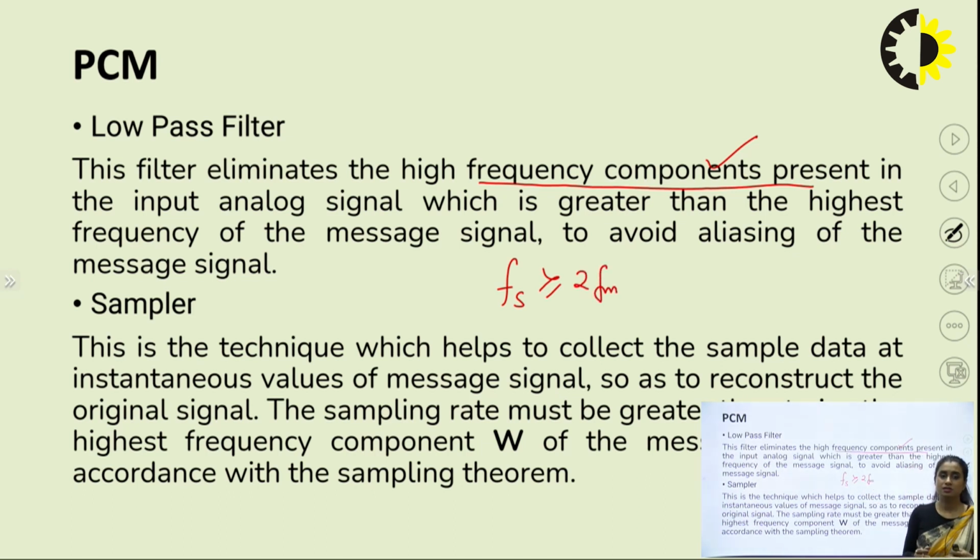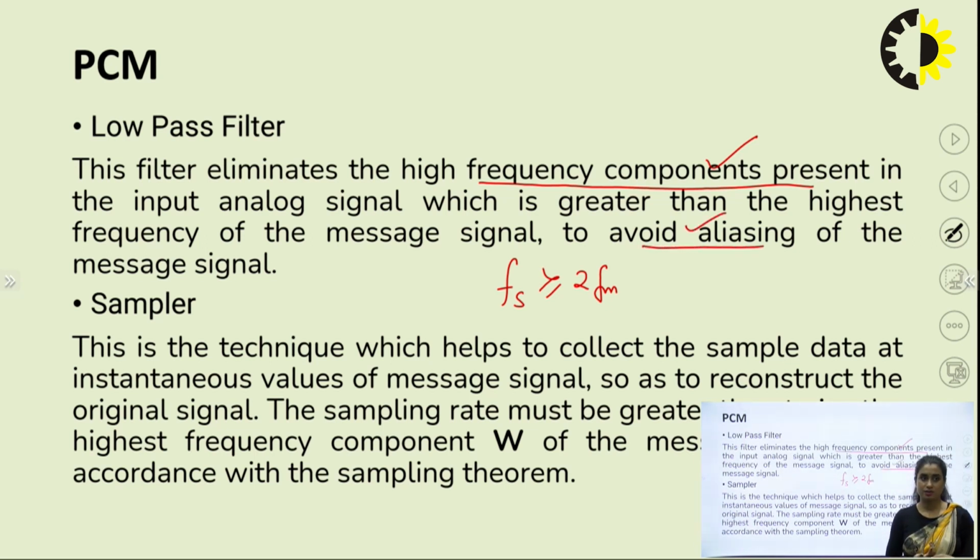So if some other signals whose frequencies are greater than the maximum frequency content of the message have got mixed in, that has to be removed. For that purpose we are using the low pass filter. This will help me avoid the aliasing effect, right?